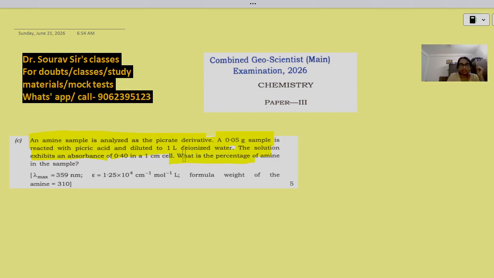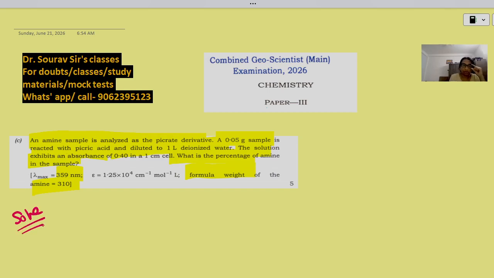What is the percentage of amine in the sample? Some values are given in this question: lambda max in nanometers, epsilon, that is the intensity factor, and the formula weight of the amine. Now we will try to solve it with the help of our concept and analytical method.